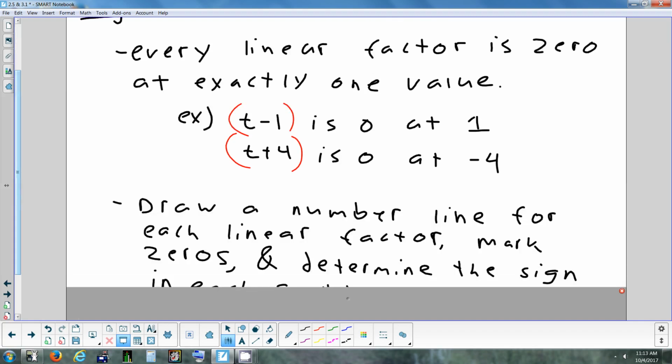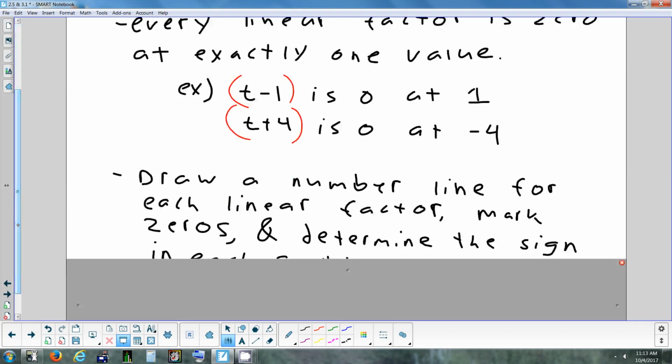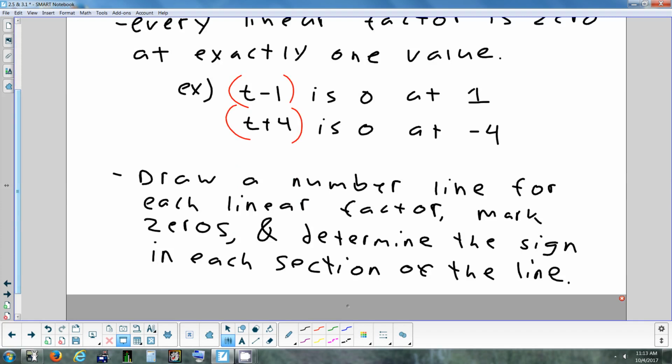I kind of just did this up above. Once you figure out the root, you mark that root on the number line, just like I did. Mark the root, mark the 0, same thing. Then you determine the sign. What happens if you plug in numbers smaller than your 0? What happens if you plug in numbers bigger?